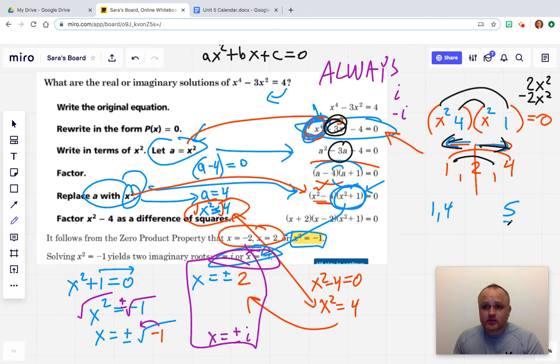If I subtract, gives me a 3. That's what I needed. I needed that 3. Now I just have to figure out which one's positive and which one's negative to make the negative 3 happen. Well, negative 4x squared is bigger than a positive 1x squared, because when I add, I still want to be negative. So this is what we have all the way down here.